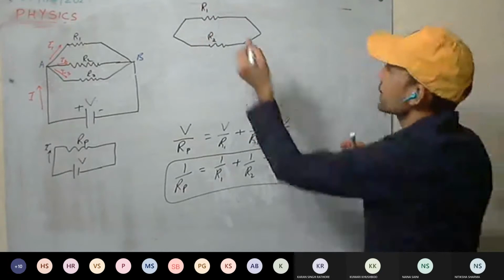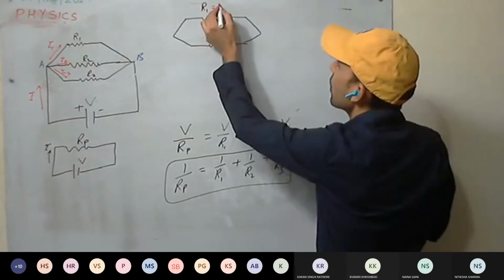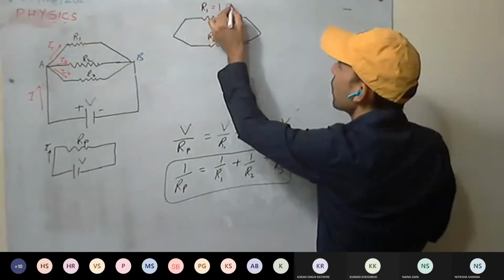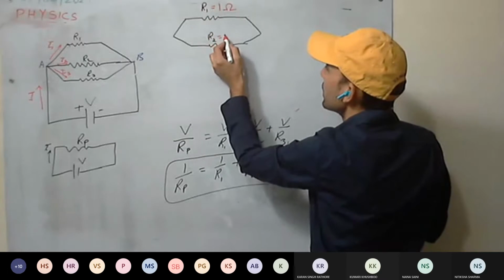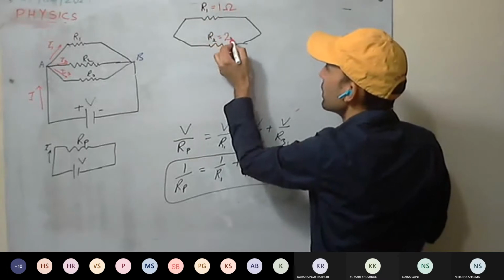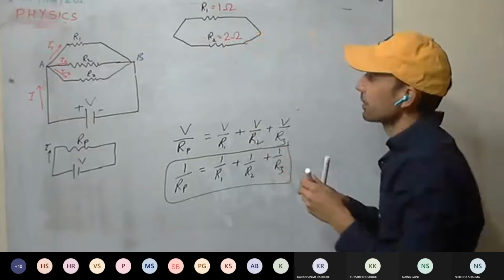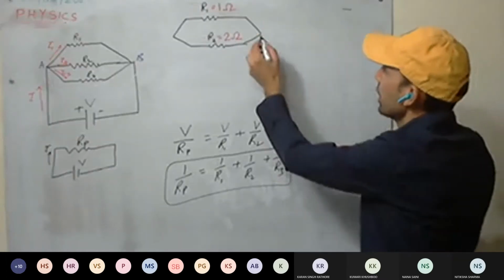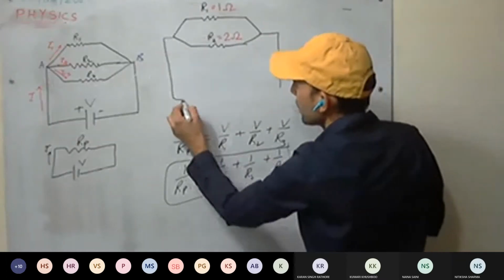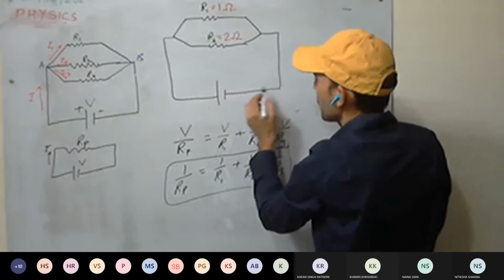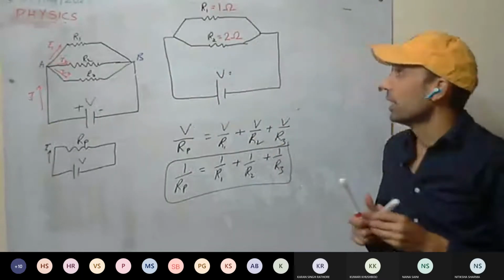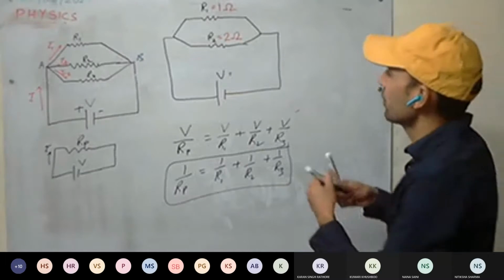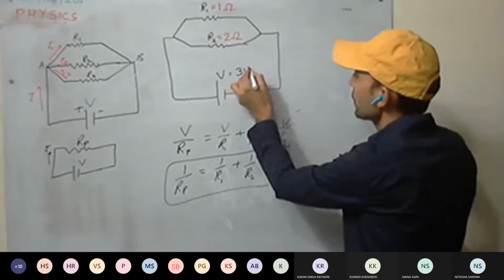I am taking R1 as 1 ohm. R2 we can take 2 ohm, that is fine. The potential difference we will take afterwards. Okay, we take it as 3 volt.